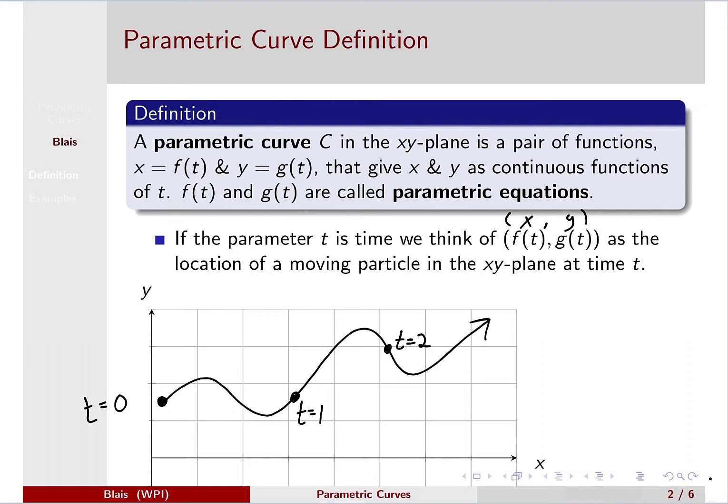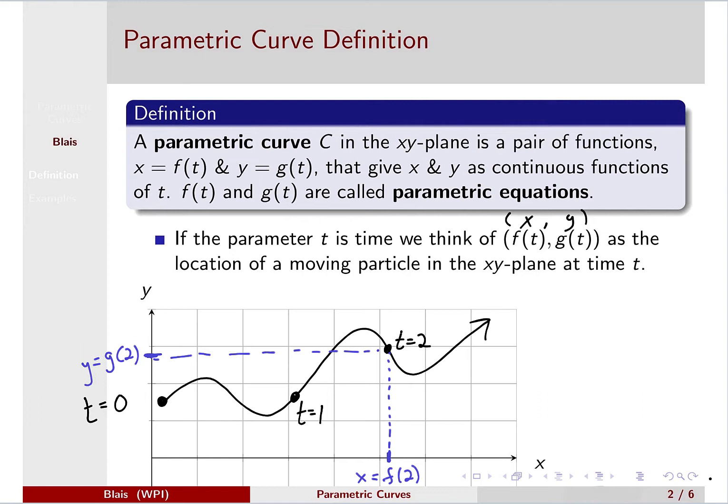The xy coordinates of each of these points come from these parametric equations. So this y value here would be given by g at time 2, and here we would be at f at time 2. So recall, we're getting y from g and x from f.